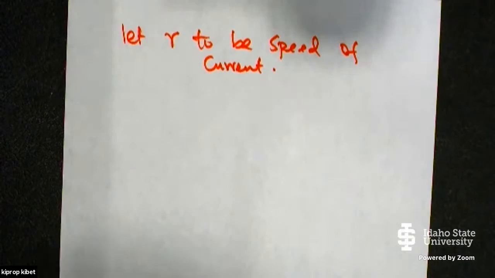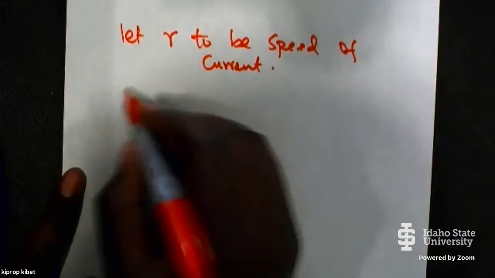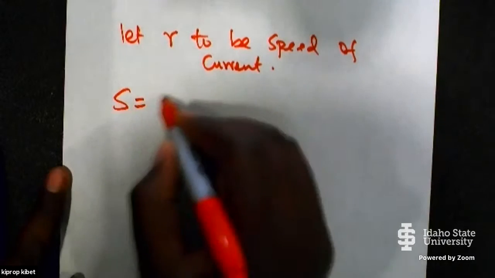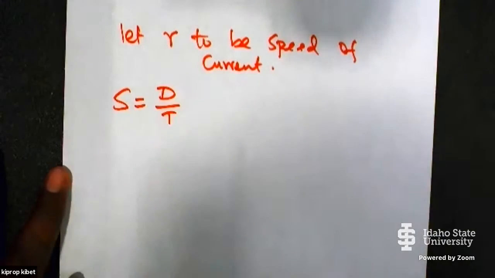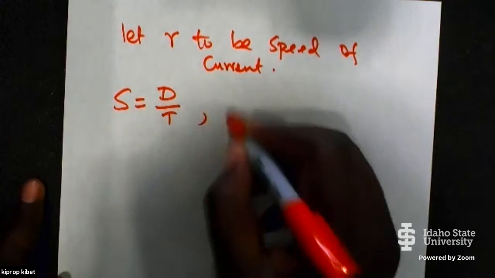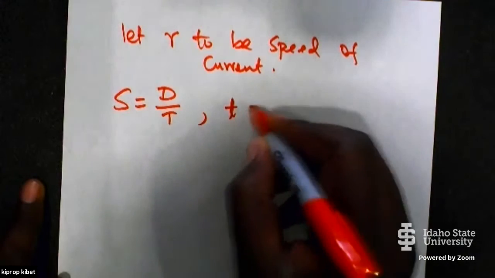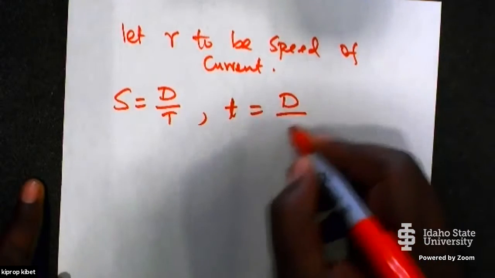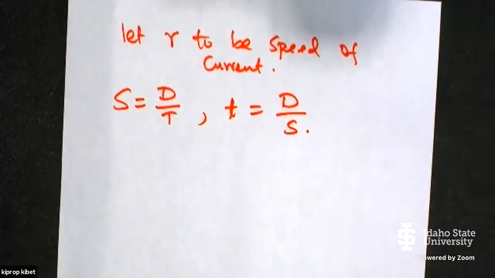So we know that speed equals distance all over time, right? And time equals distance all over speed.